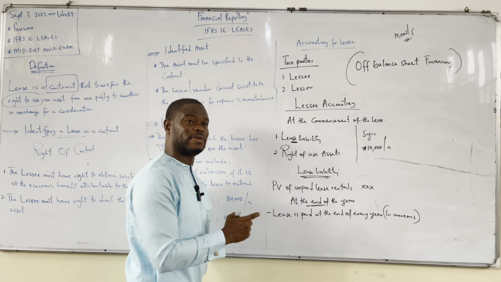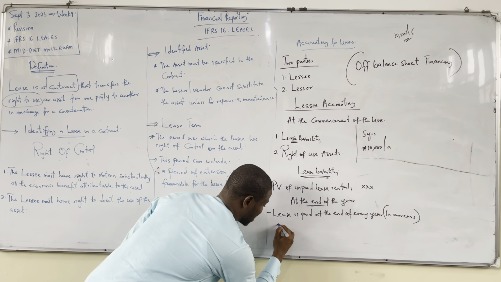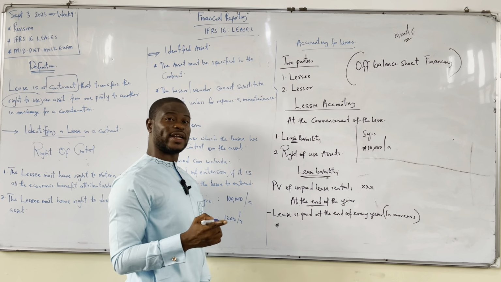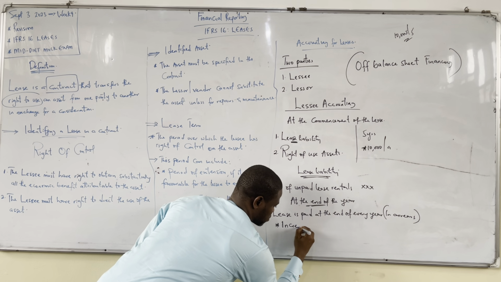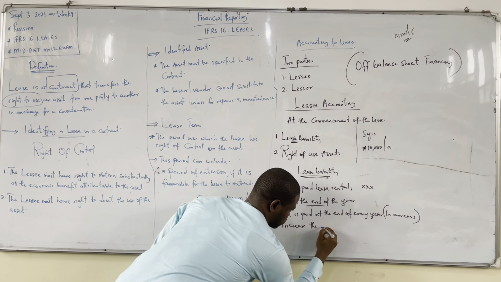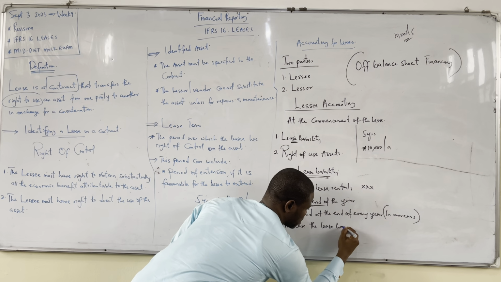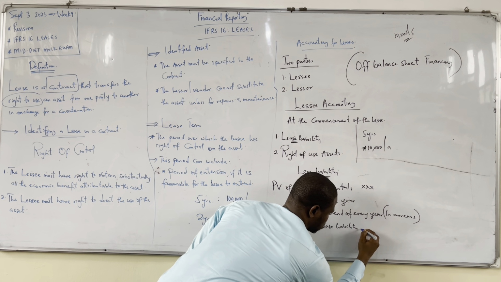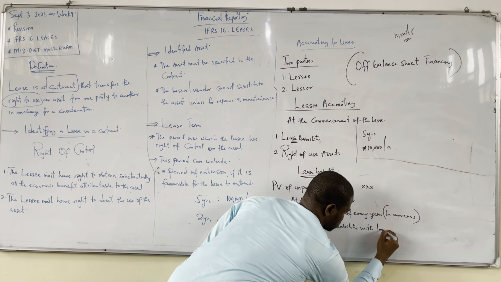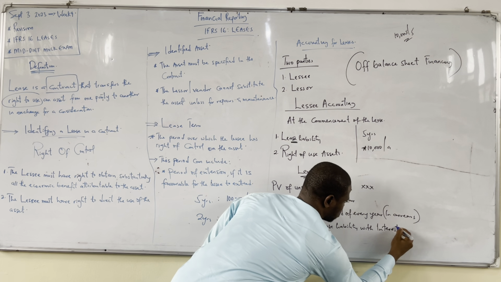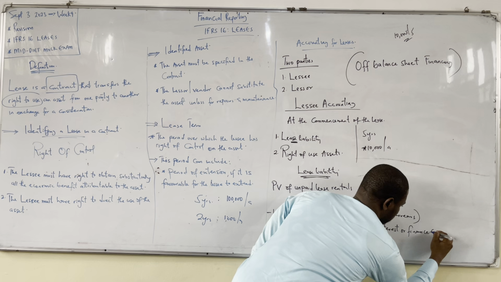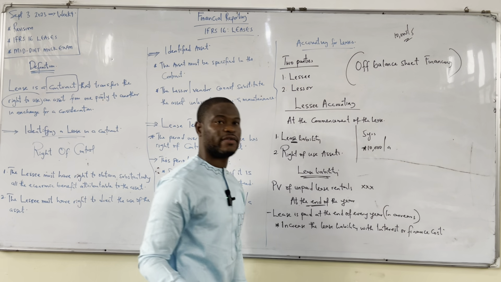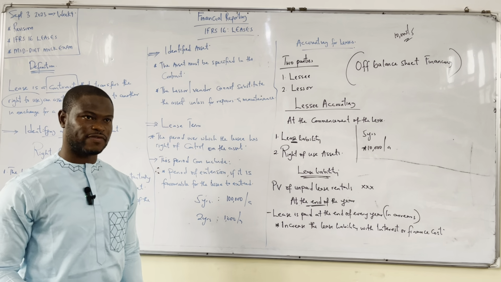So when lease rental is paid at the end of every year, so at the end of the year, the first thing you do is you are going to increase the lease liability with what? Interest, or what we call finance costs. That's the first thing you do.